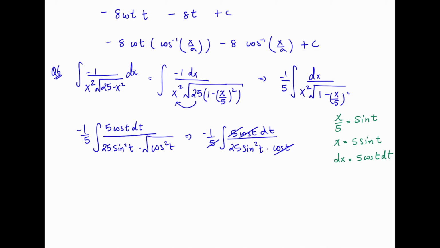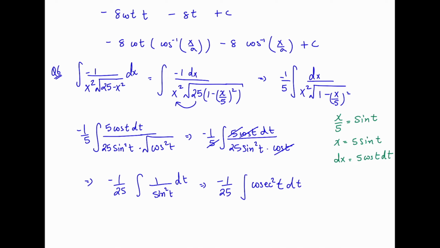This 5 cancels this. Now you basically have 1 over sine squared t dt, which we know could be written as negative 1 over 25 of what we just discussed.